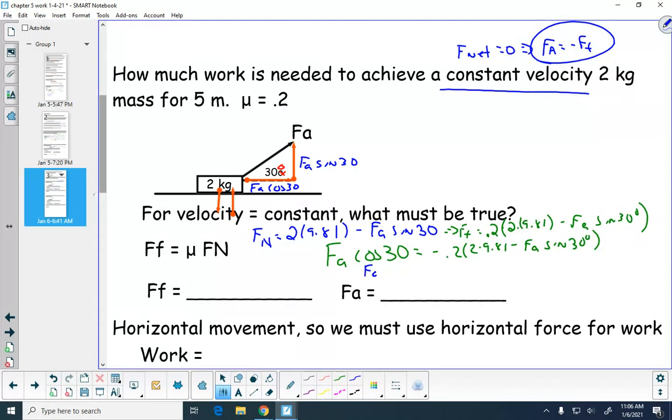We have FA cosine of 30 is equal to negative 0.2 times 2 times 9.81 plus 0.2 FA sine of 30.